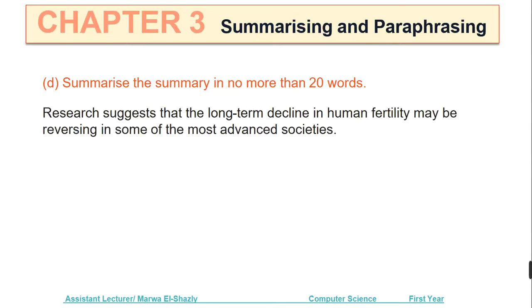Researchers suggest that the long-term decline in human fertility may be reversing، يعني decline الانخفاض في معدل وجود أطفال may be reversing يعني بينعكس in some of the most advanced society في بعض المجتمعات المتقدمة.